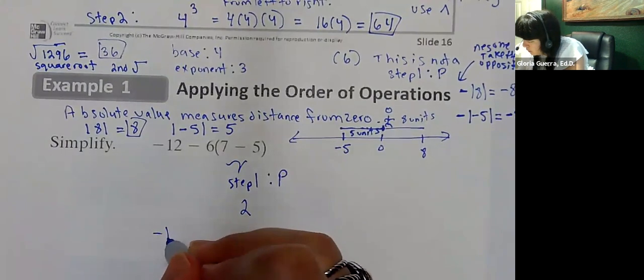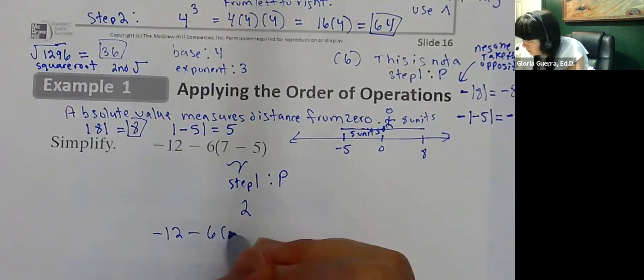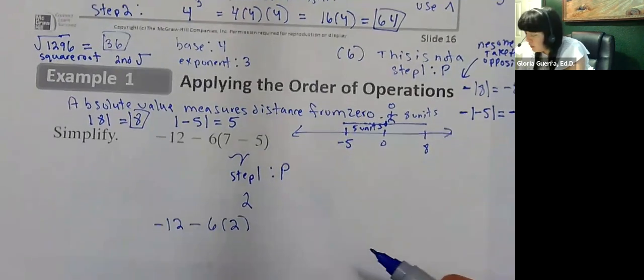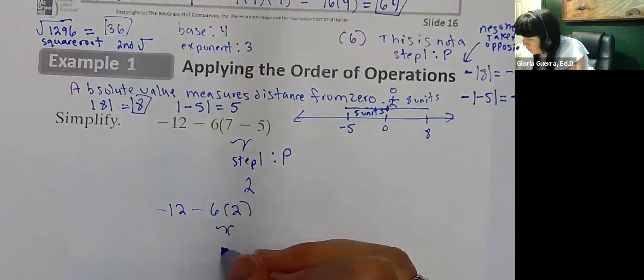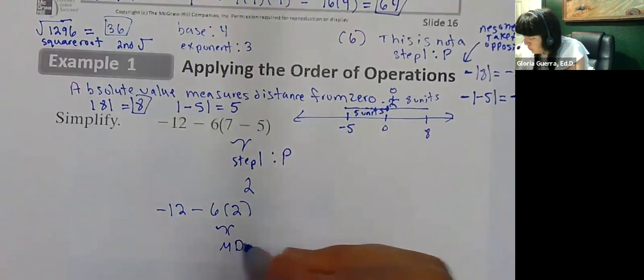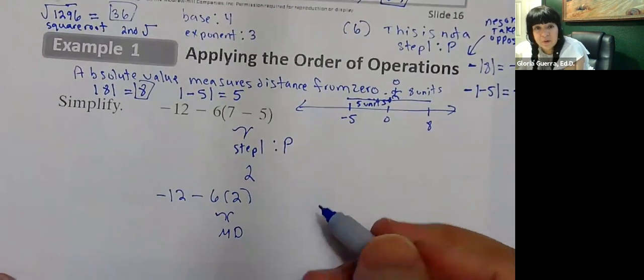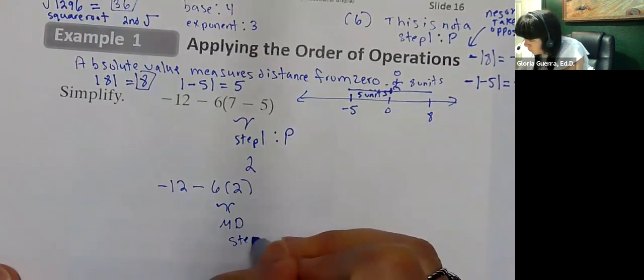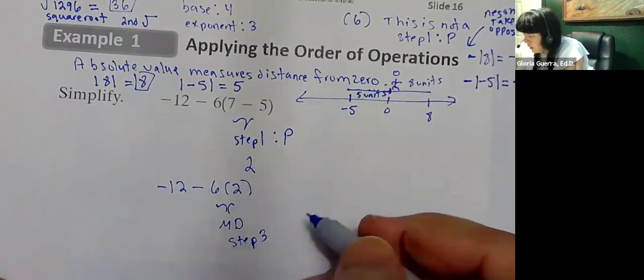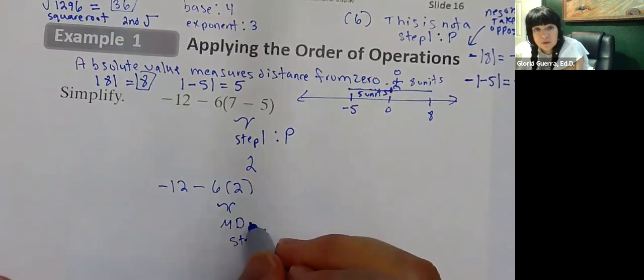So then you have negative 12 minus 6 times 2. So then now you do this because this is part of the MD, multiplying and dividing. This is part of that step, not step 2, but step 3. And although you don't have division, you've got the multiplication.